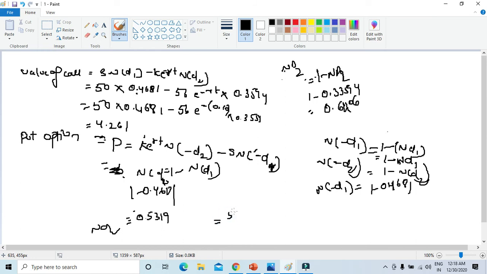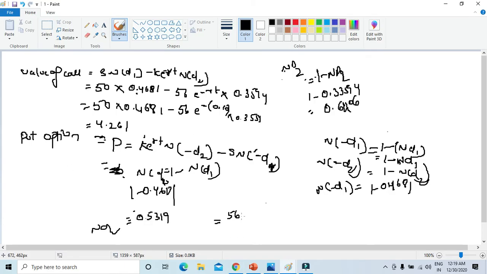K is nothing but 56. So over here, how much will it be? 56. So we got the N(-d1) and N(-d2) values; you need to substitute them here.